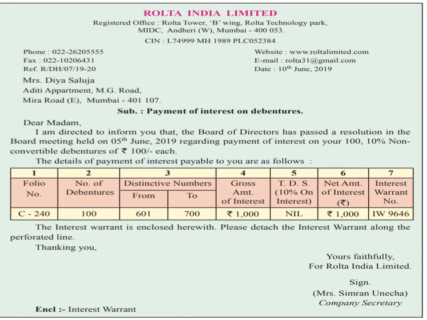So it is a request to you to detach, means to separate, that interest warrant along the perforated line. Students, a perforated line is a line of small holes that makes paper easy to tear.